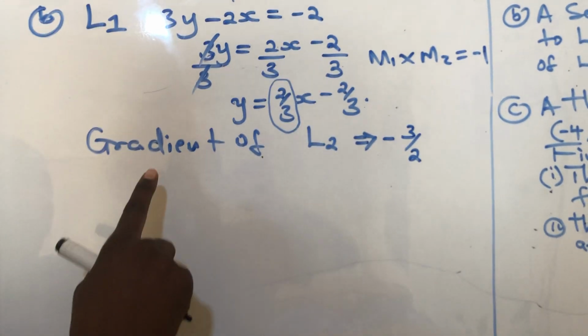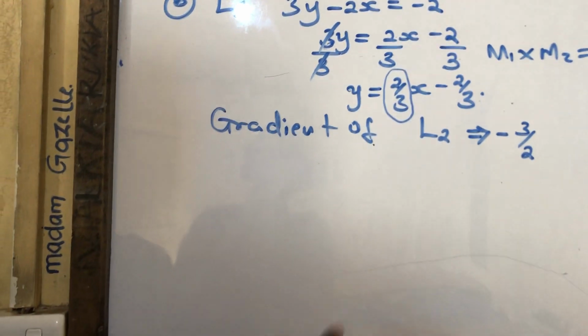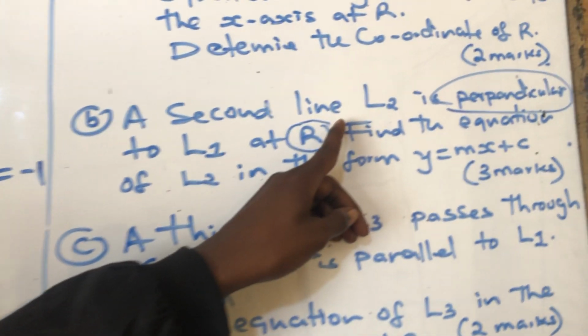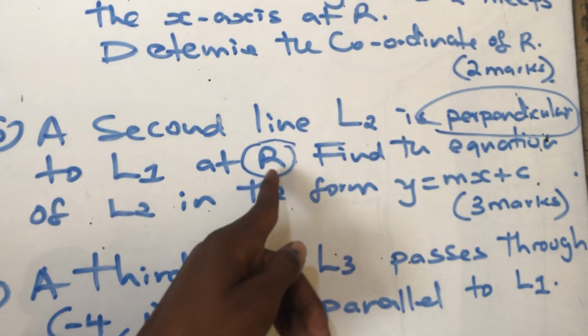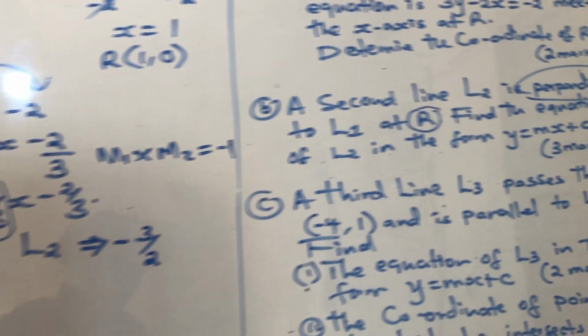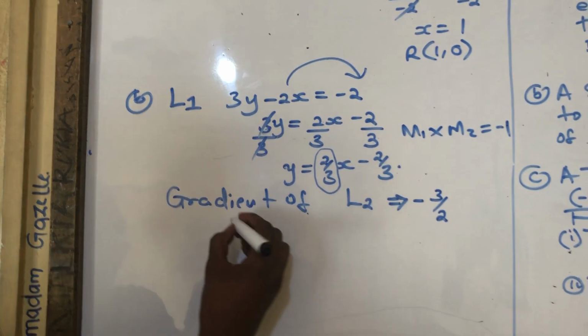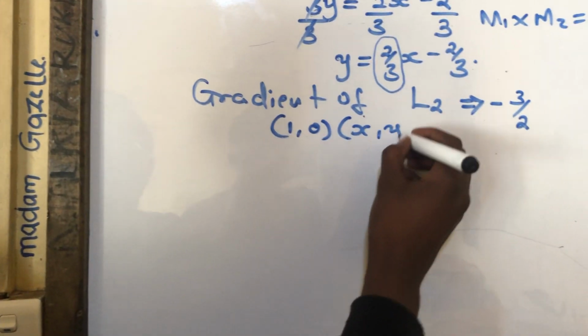How then will we get the equation of L2? The question told us somewhere that line L2 is perpendicular to L1 at point R. What does this mean? The R which we obtained in part A is used to obtain the equation of L2.